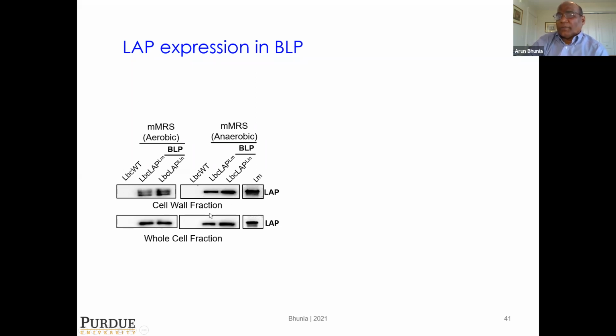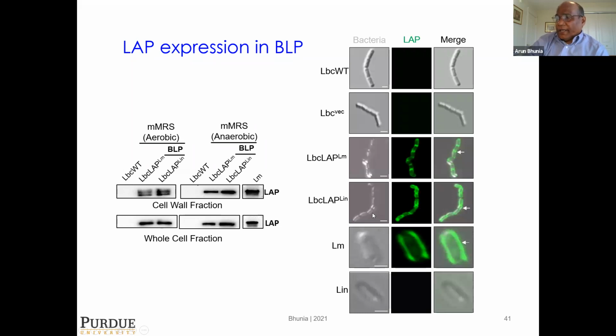So in the first experiment, of course, you have to express this protein in this bacteria. Lactobacillus clearly shows protein expression in both strains, while the wild type has no LAP. And by confocal staining you can also show their surface display. Both bioengineered strains showed that expression. Of course, the wild type doesn't express the protein.